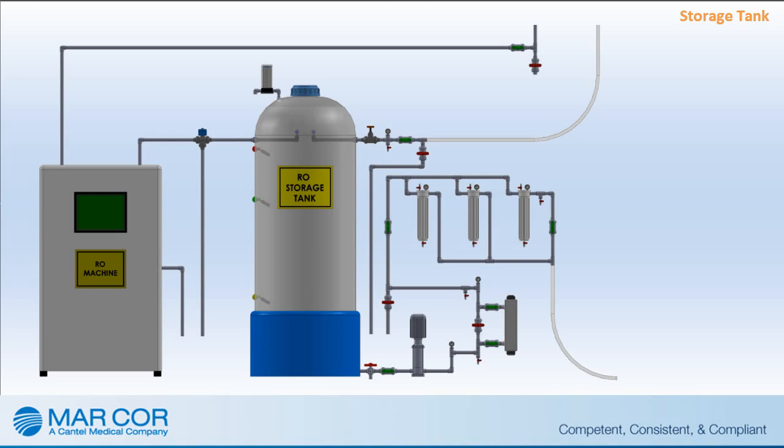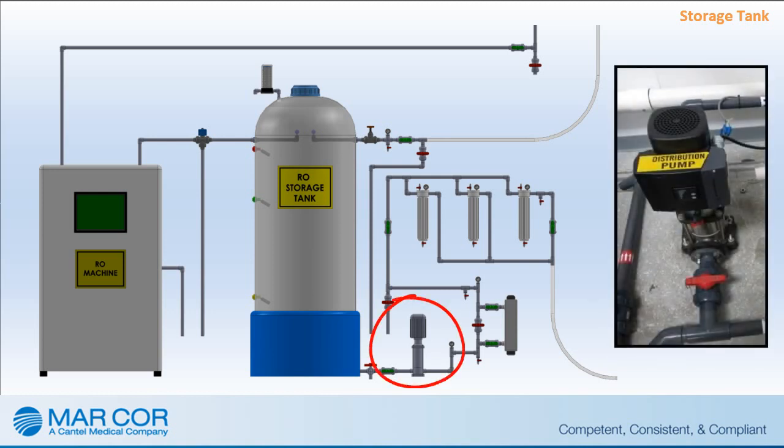This switch may be wired to turn off the distribution pump to prevent the pump from going dry and burning out the pump. The storage tank distribution pump boosts the water pressure from the tank through the distribution loop.